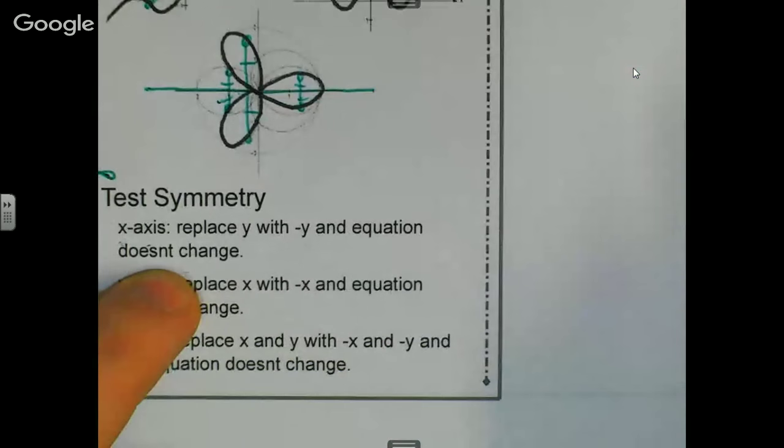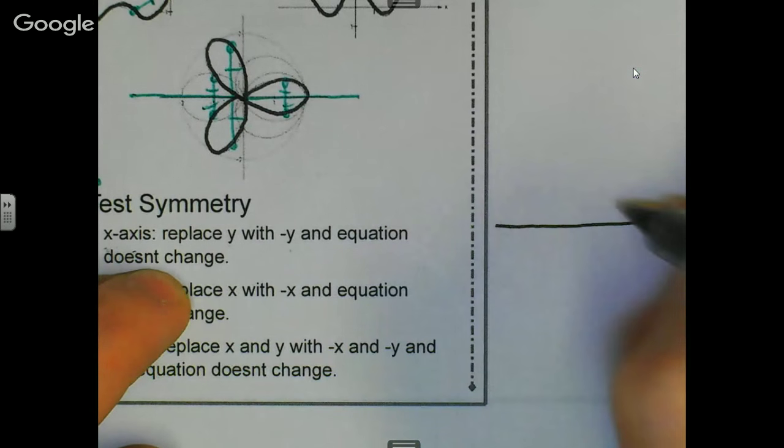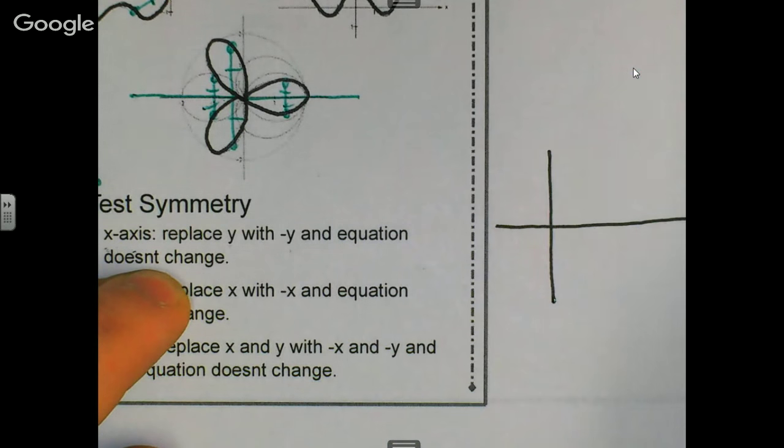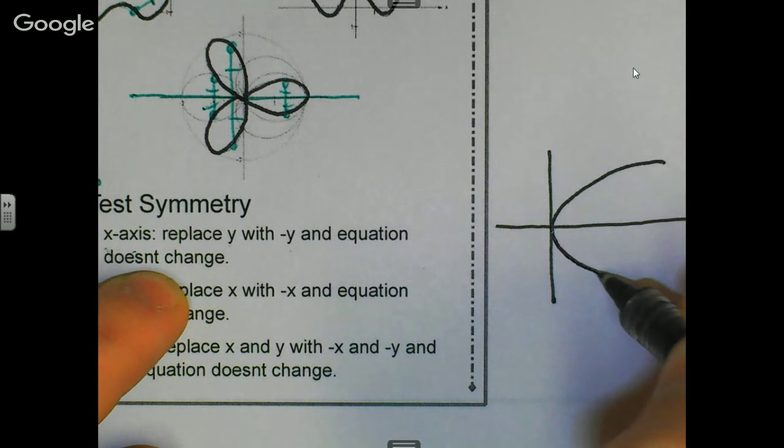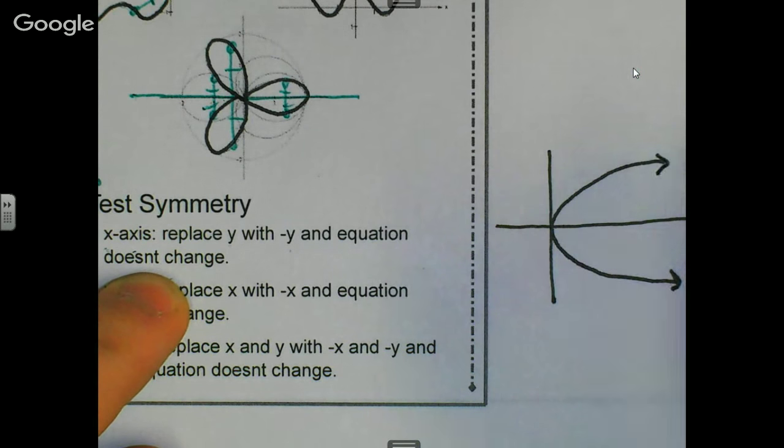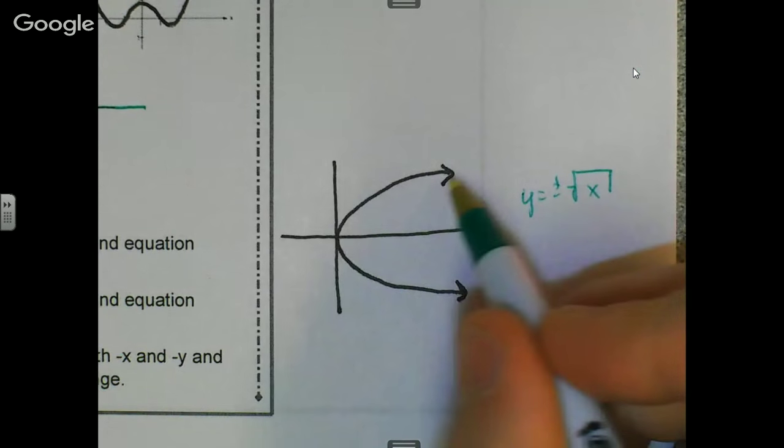So remember we talked about, let me just move this over here, we talked about here that if I have a graph here, all the solutions on here have the same equation. That's the equation for this part right here. So all these ordered pairs satisfy this equation.